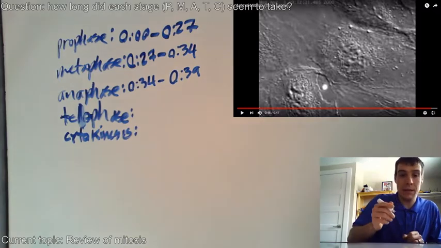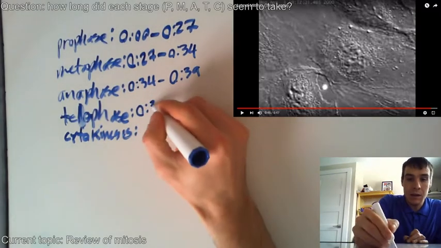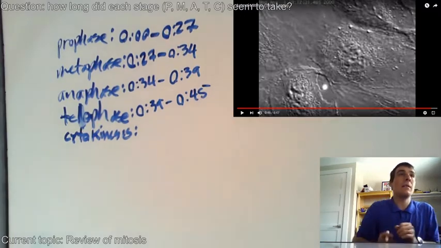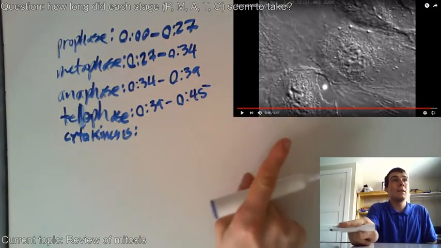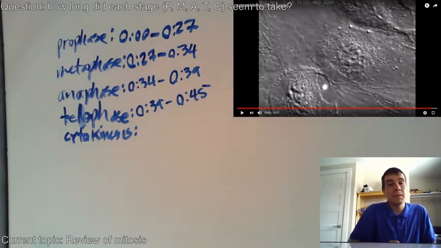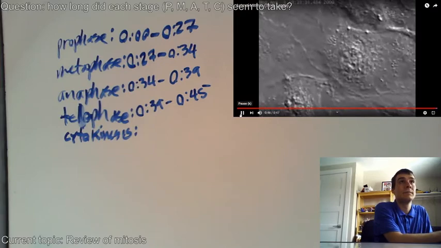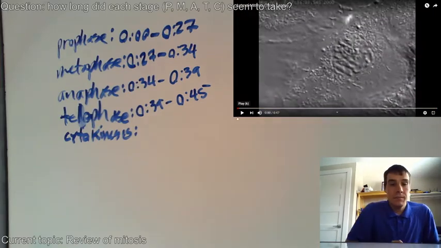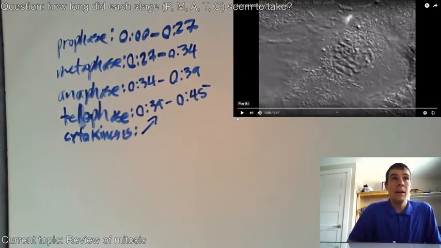So that happens at 45 seconds, 39 to 45. If you saw that under a microscope, you'd probably say those are two separate cells by now. I'll finish looking at it, and yeah, that's it. So I guess cytokinesis happens during that time.